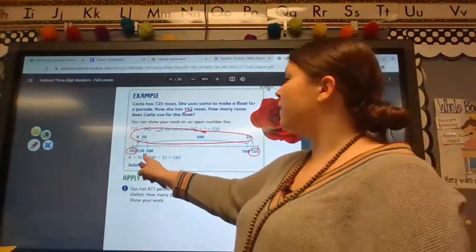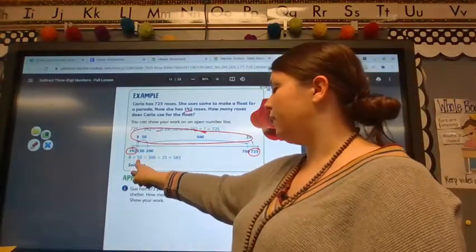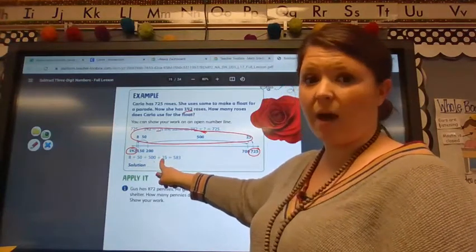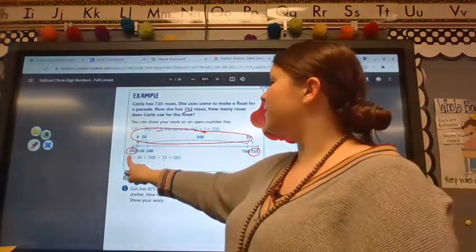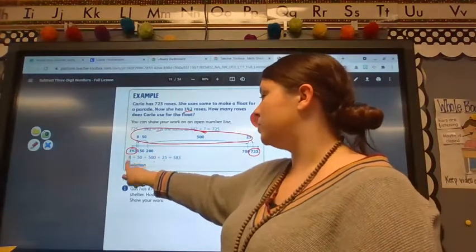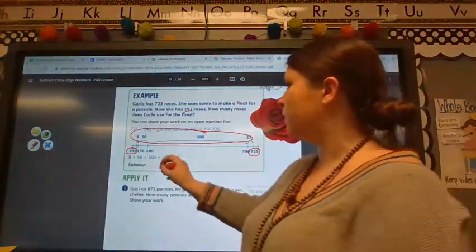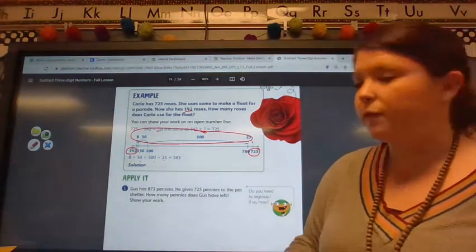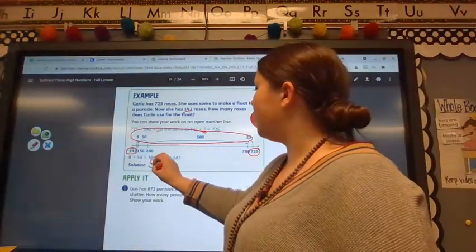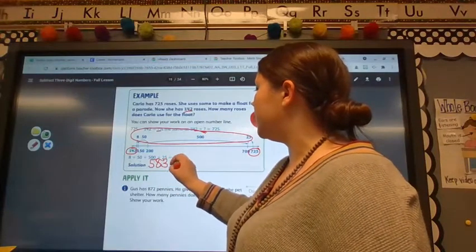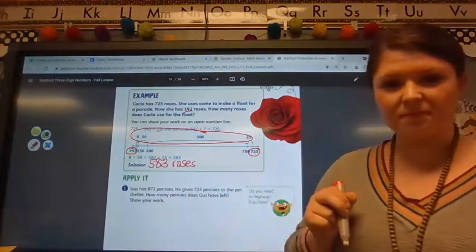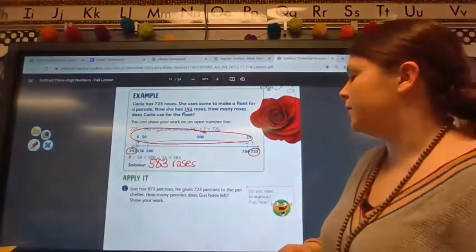Well, we know that 500 plus 50 is 550, plus 25 is 575, plus 5 is 580, plus 3 more is 583. So we need to answer the question, how many roses does Carla use for the float? Carla uses 583 roses. Okay?